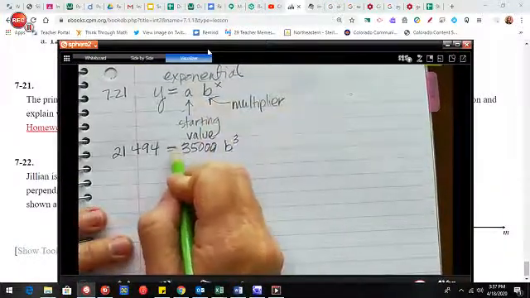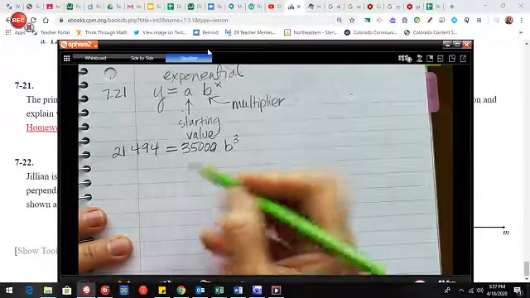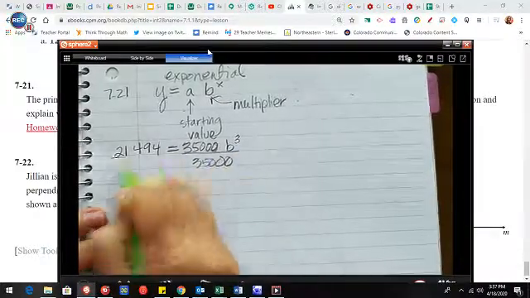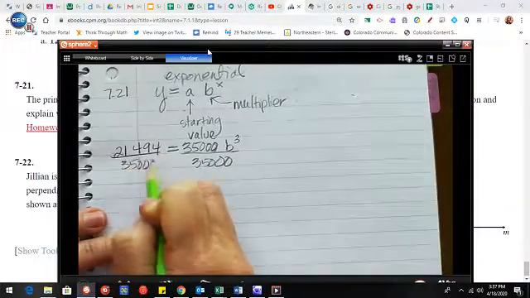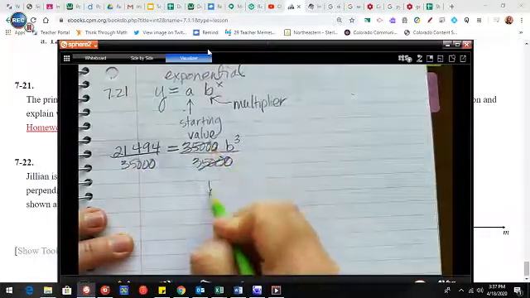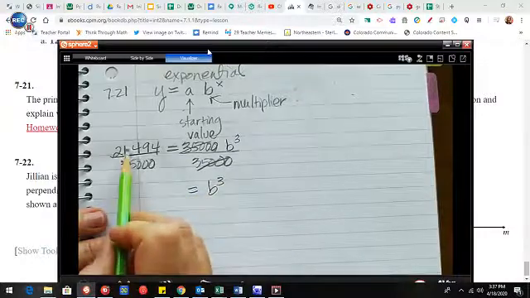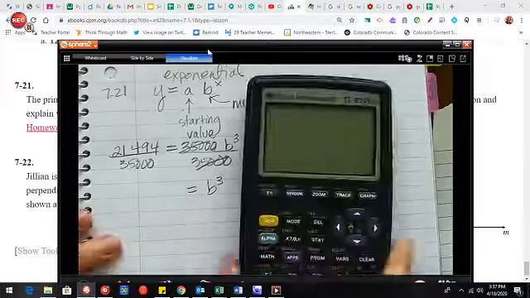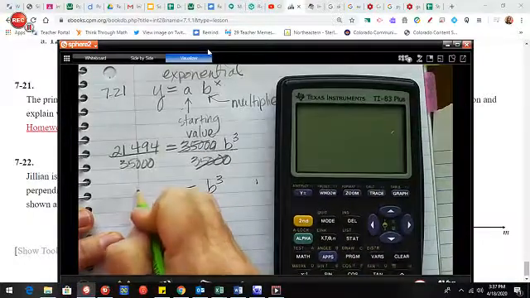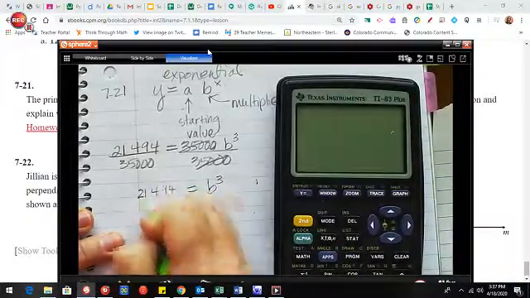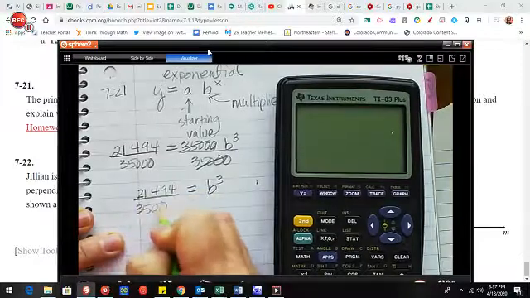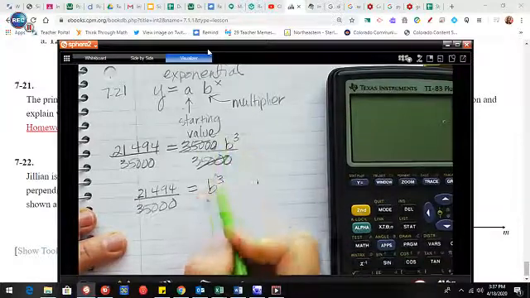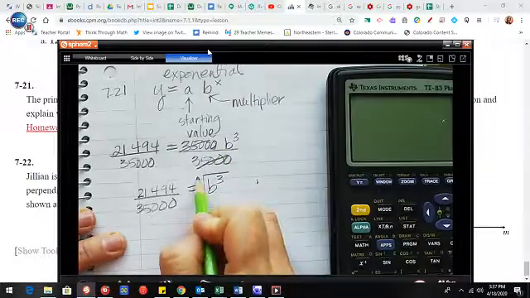So I'm going to solve for b by going backwards. I'm going to divide both sides by 35,000, and that's going to give me b to the third equals whatever that is. I'm not going to write that down, I'm just going to bring down this fraction because I know the next step is to undo the cubing by taking the cube root.